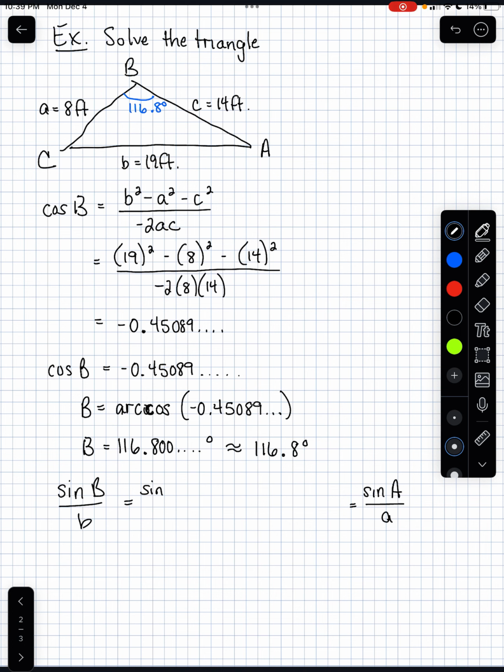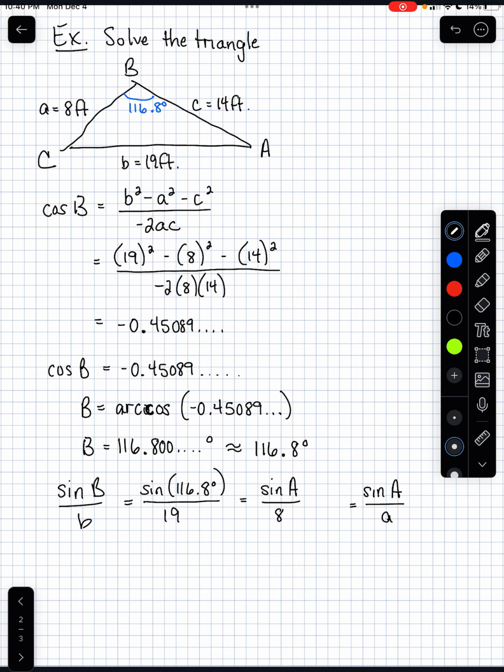So the sine of 116.8 degrees over 19 has to be equal to the sine of A over the length of side A. Well, I guess we are going to have to use an arc function anyway, but it's still probably faster to do this.